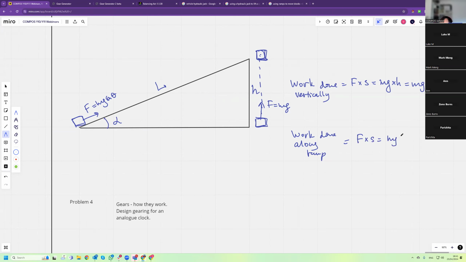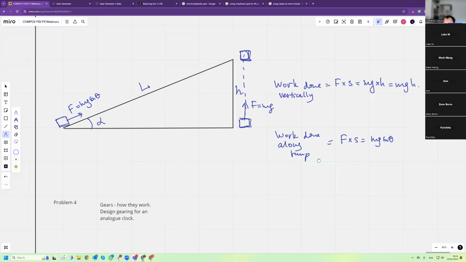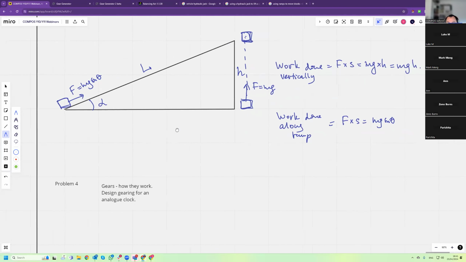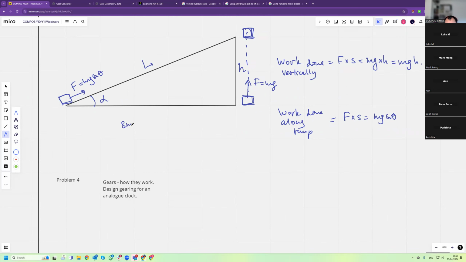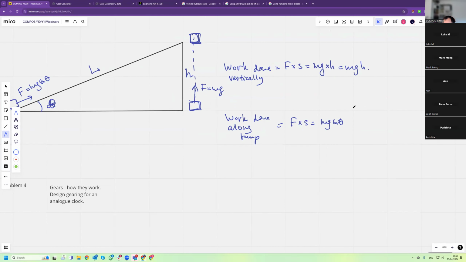So the force is mg sine theta, and the distance is L. But we know that sine theta is h over L. It's the opposite over the hypotenuse.